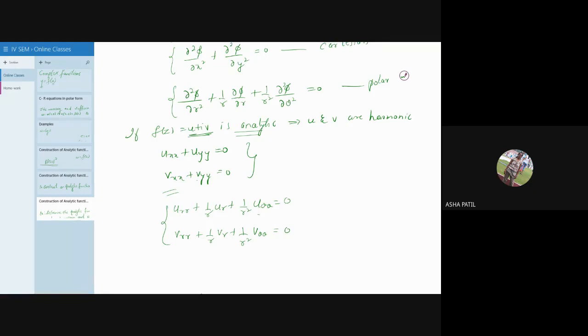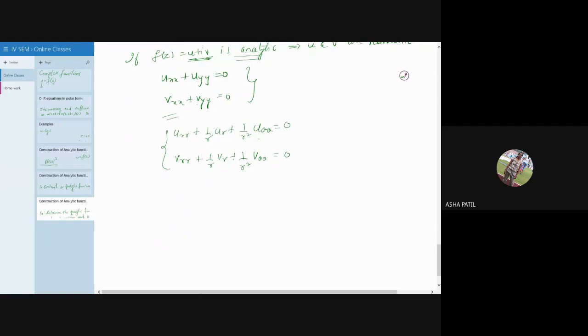Let me consider an example quickly. Show that u is equal to e raised to x cos y plus xy is harmonic.